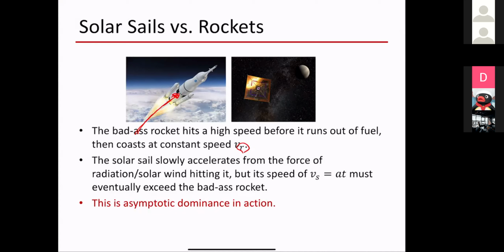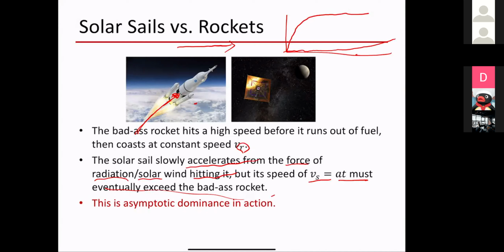Then from there you're constant. How about a solar sail? It slowly accelerates from the force of radiation and solar wind hitting it. The speed is constantly increasing. So the rocket is rapidly increasing, then stays there. Solar is very slow and keeps catching speed from the solar radiation.